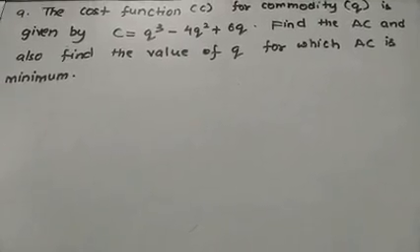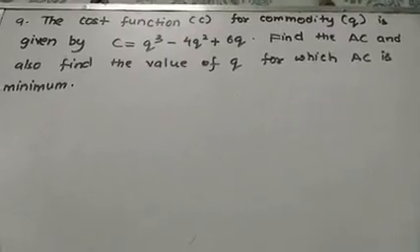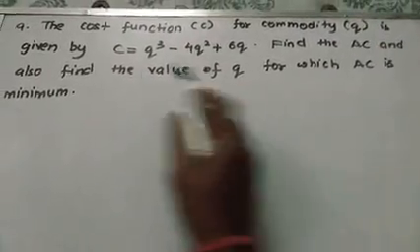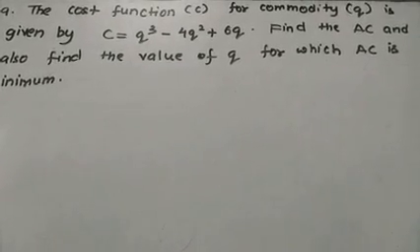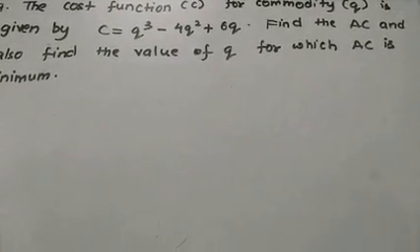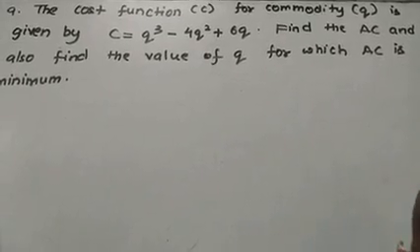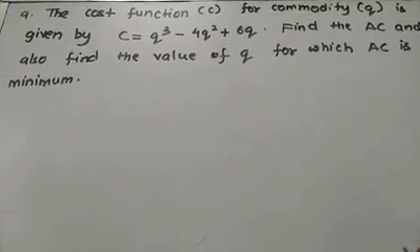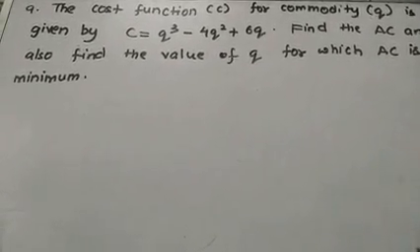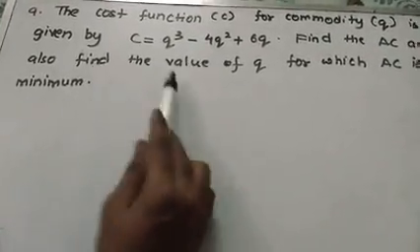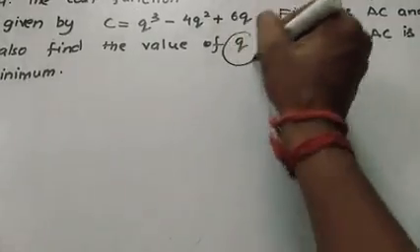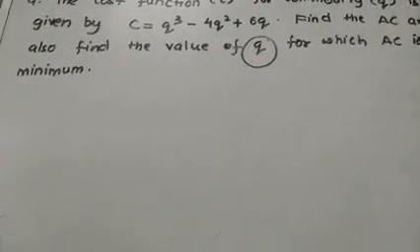Okay, question number 9. The cost function for commodity Q is given as C equals Q cube minus 4Q square plus 6Q. Find the average cost, that is total cost divided by output Q. So the first part is finished. And also find the value of Q for which average cost is minimum.